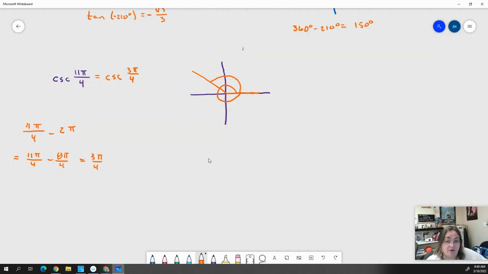And so once we know what that smaller reference is, I can go, okay, well, we need to find this reference angle. It is in quadrant 2. So we're going to go theta prime equals pi minus 3 pi over 4.